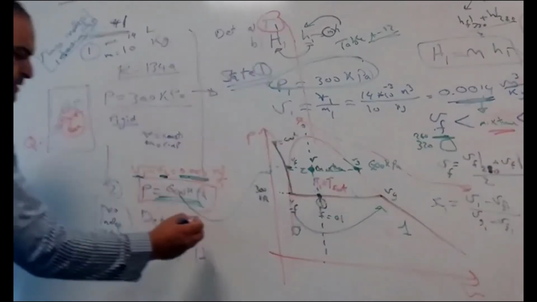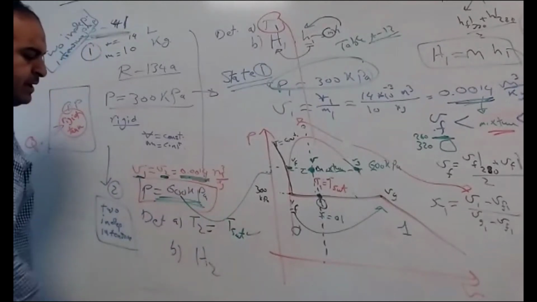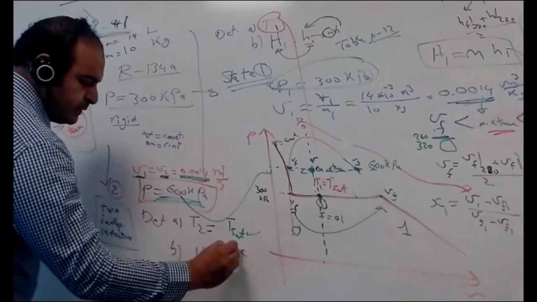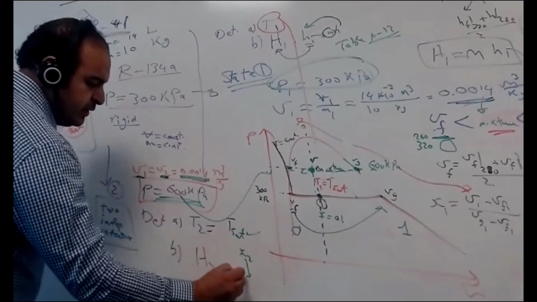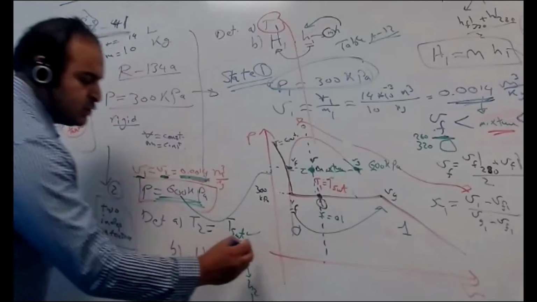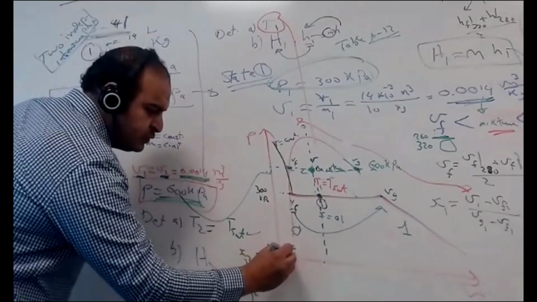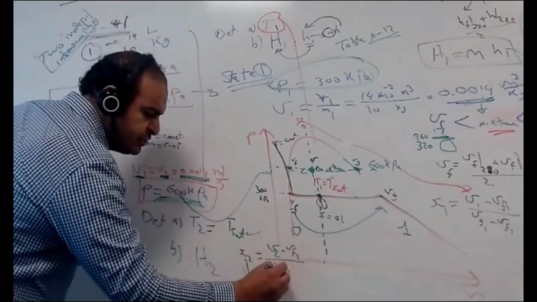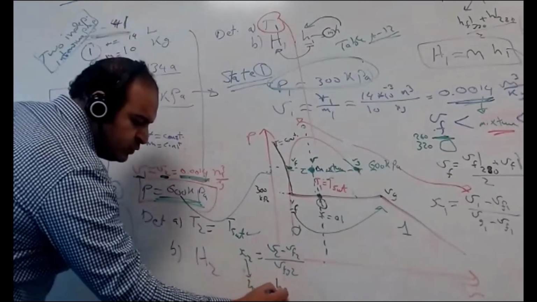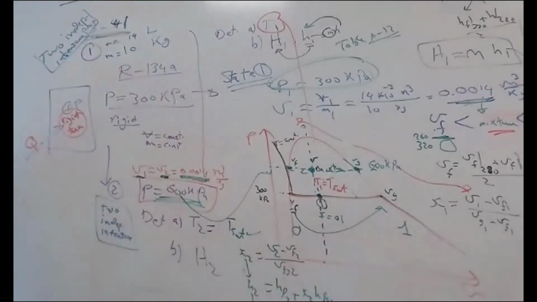If you want T2, it's saturated, so it's the saturation temperature. If you want H2, first you need to get X2, then you get H2. X2 from volumes: V2 minus VF2 over VFG2. Then H2 is HF2 plus X2 HFG2 at state 2.